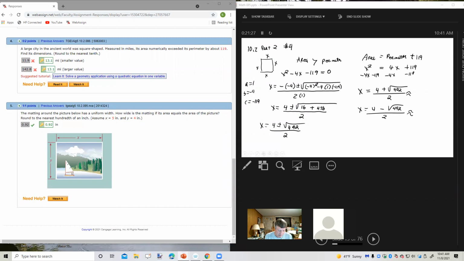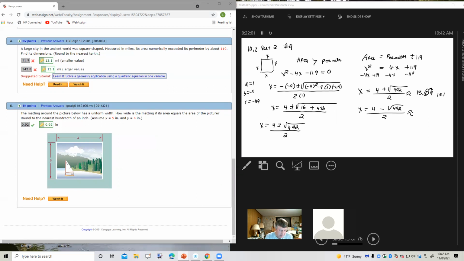So the top equation, oops, calculator wasn't on, parentheses 4 plus the square root of 492, close that up, close up the entire numerator, divided by 2 is 13.09. It said to the nearest tenth, and the 9 would round up, so we're going to get 13.1.